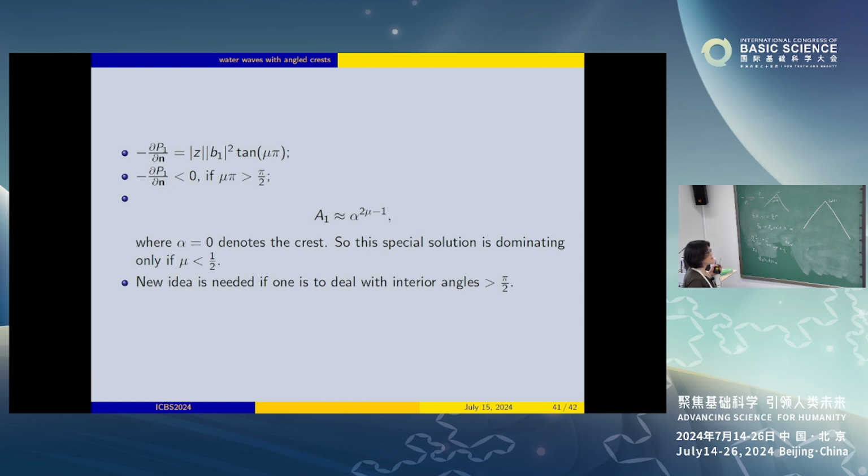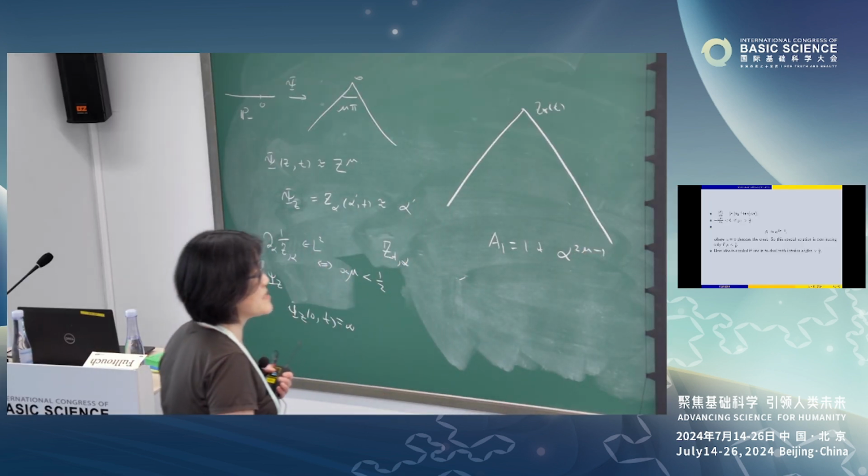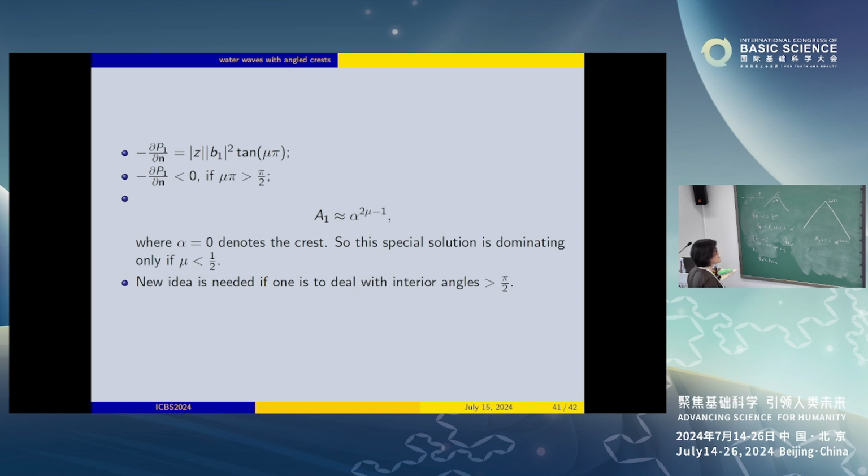Another reason is that you want this special singular solution to be dominant. So you compute A1; remember A1 equals 1 plus something, so it should be like this. In order for this to be dominant, mu has to be less than 1/2.